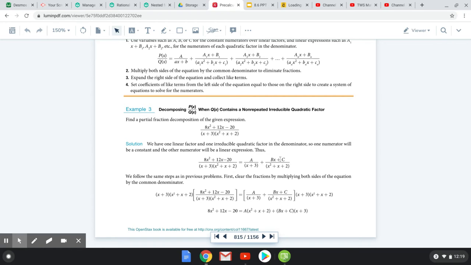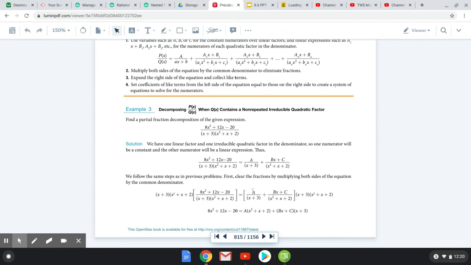Once we get this set up, though, the process is the same as it has been the whole time, and as it has been in the last two examples. So once we have this set up, we can just multiply the whole thing by our original denominator. We multiply this side, as always. They will both cancel, and we end up with just the numerator.